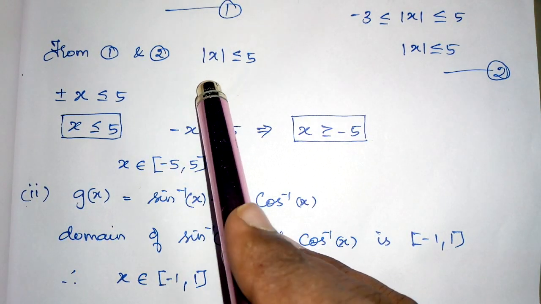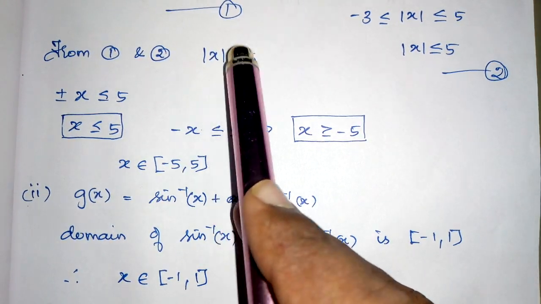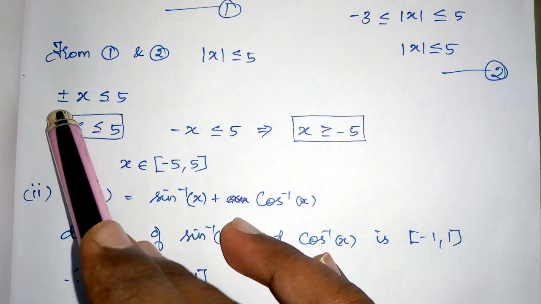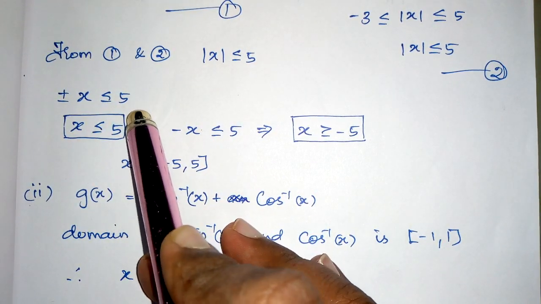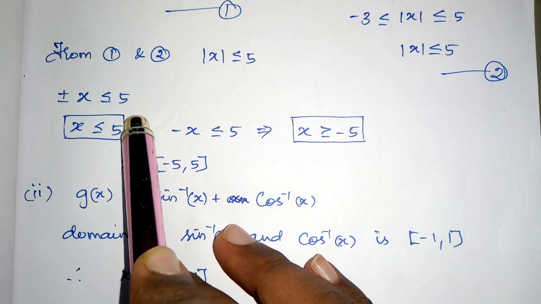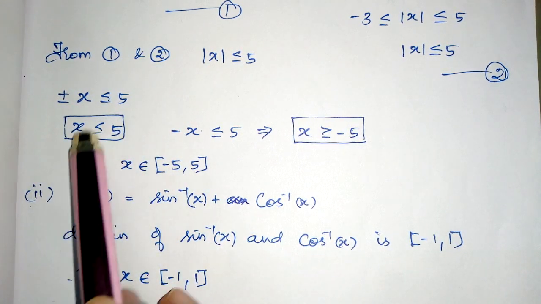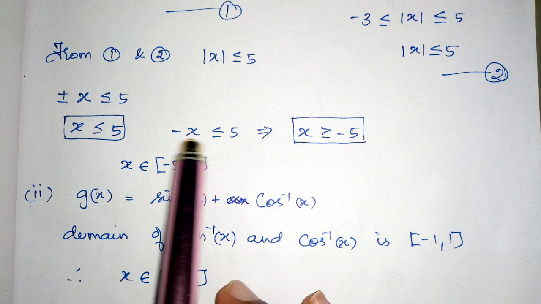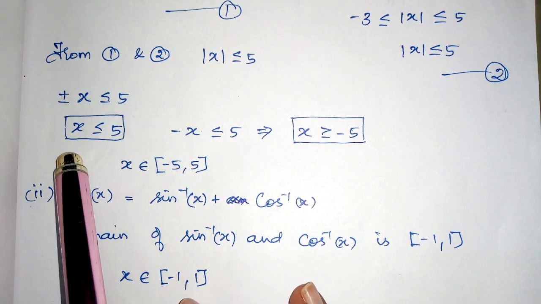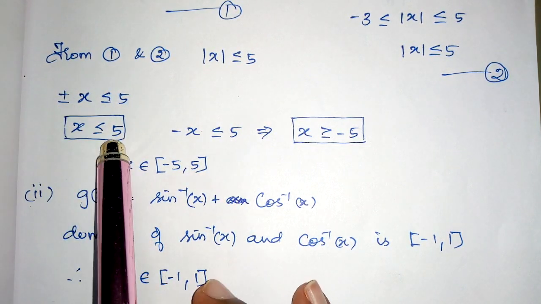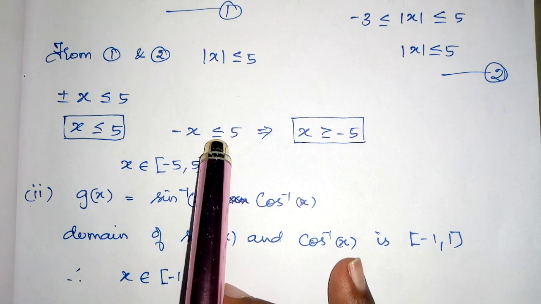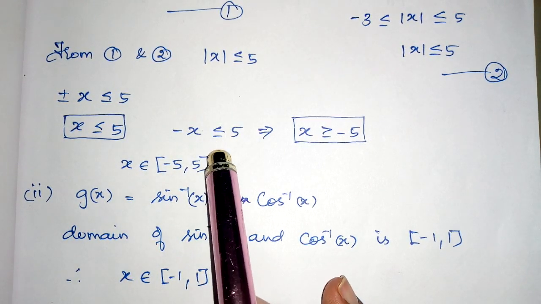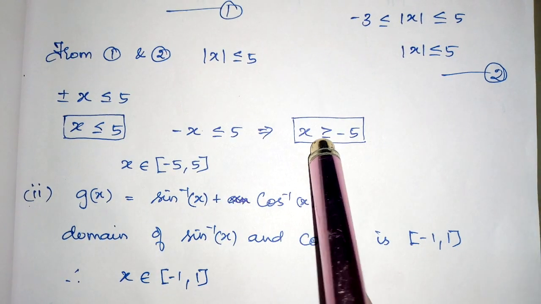Now I'm going to remove this modulus. Removing modulus is nothing but plus or minus, isn't it? So plus or minus x is less than or equal to 5. So I'm getting two sets of values: plus x is less than or equal to 5, or minus x is less than or equal to 5. Plus x less than or equal to 5 is taken as one part, and here I'm going to take this minus to the right hand side. So automatically the inequality changes: less than becomes greater than or equal to.